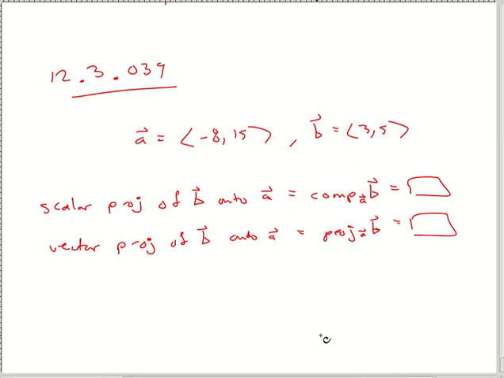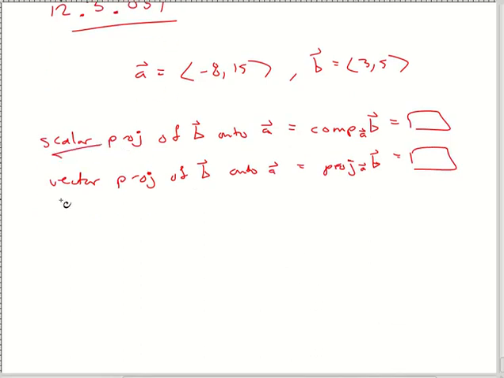So what they're really wanting here is a scalar and a vector, okay? And let me give you the formulas for each of these because I ran out of room over there. So your comp of B onto A there is A dot B divided by the magnitude of A. That's not too bad.